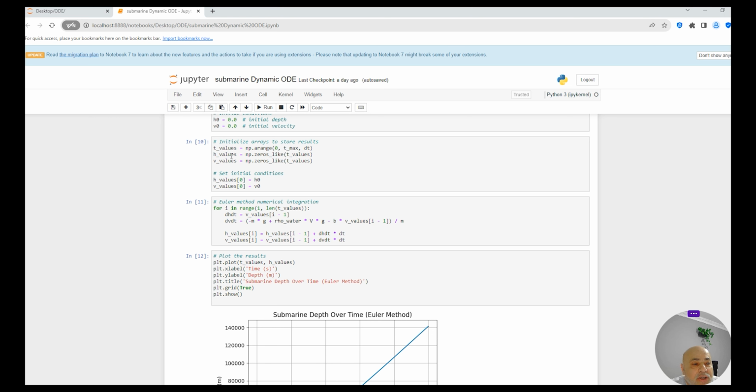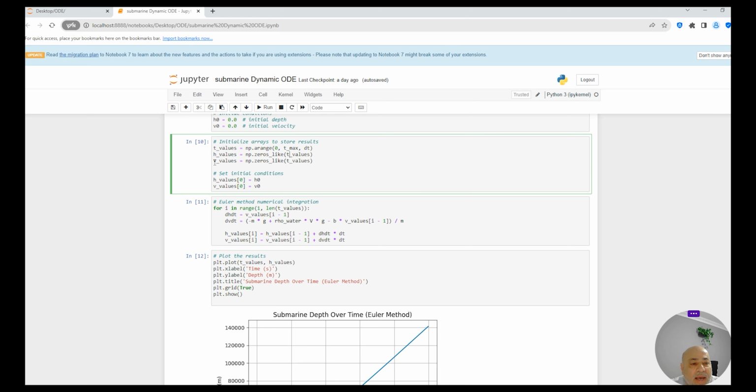Then I used np.zeros_like to create the depth array, and I used zeros_like because I passed to this function the previous array, so it can inherit all the attributes of that array, because I want it to be the same data type and the same length.